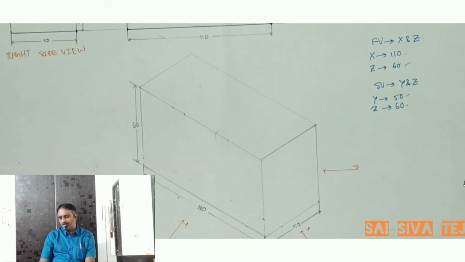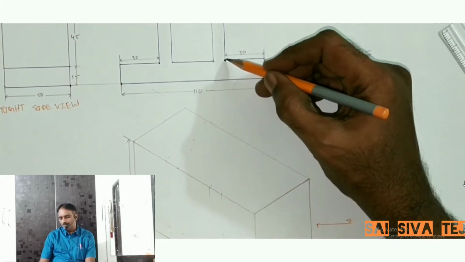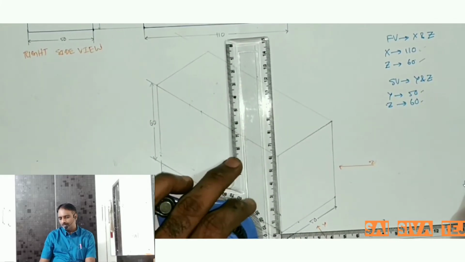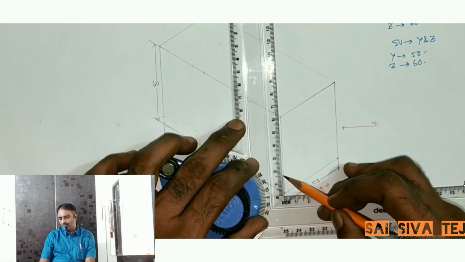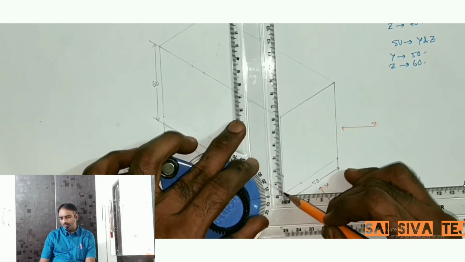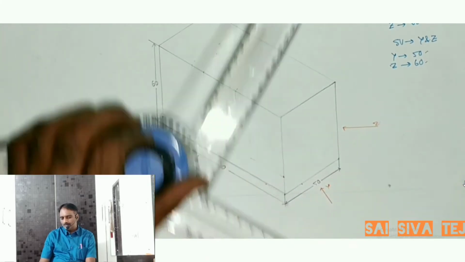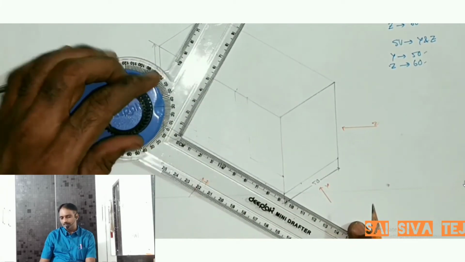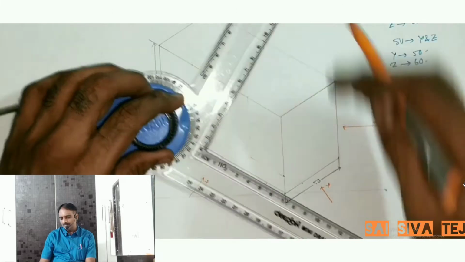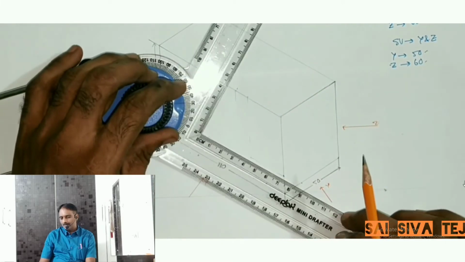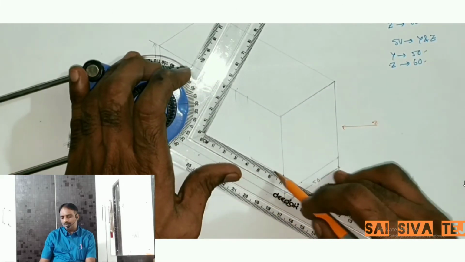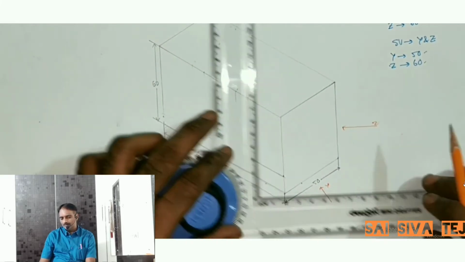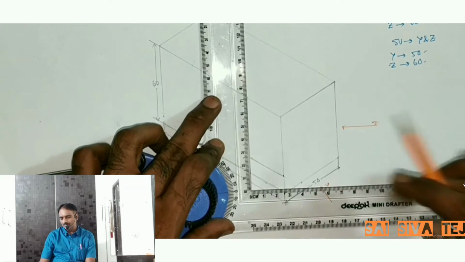Now I am representing the front view. So this is 15 units, and therefrom 30 units, which was represented in the front view, that is 30 units, and that is to be drawn onto the next, that is 10 units.